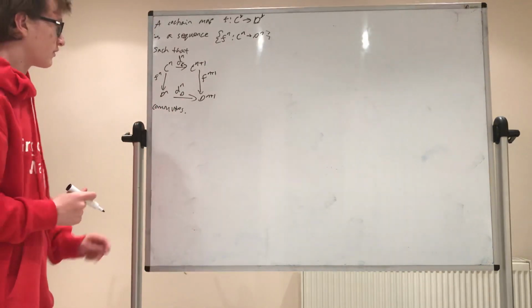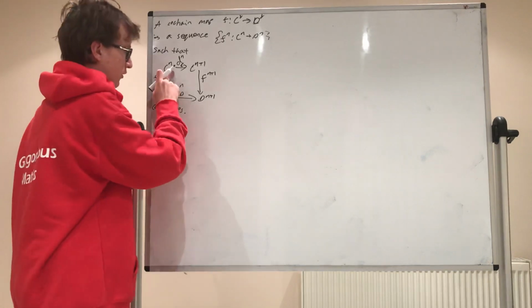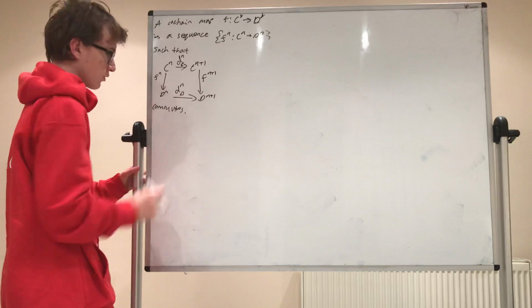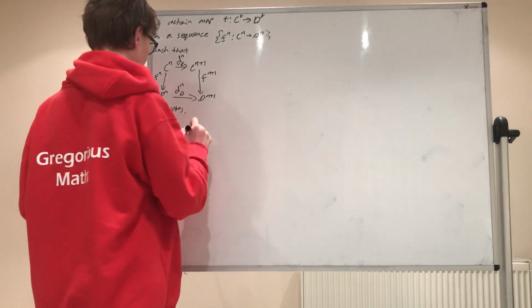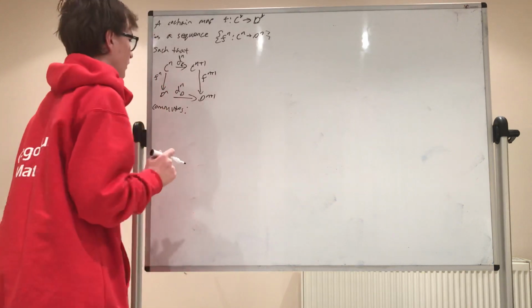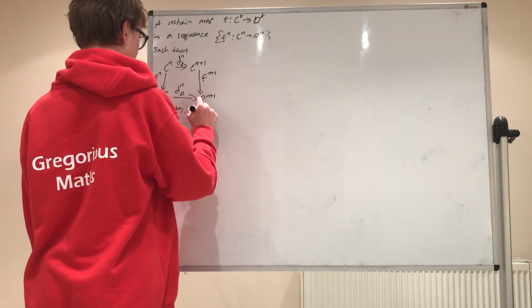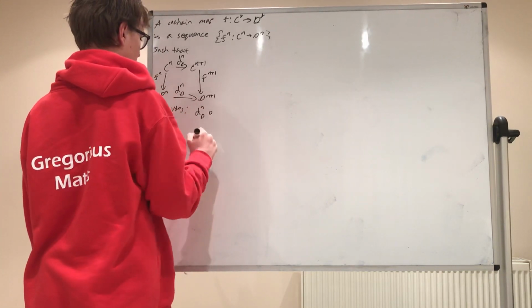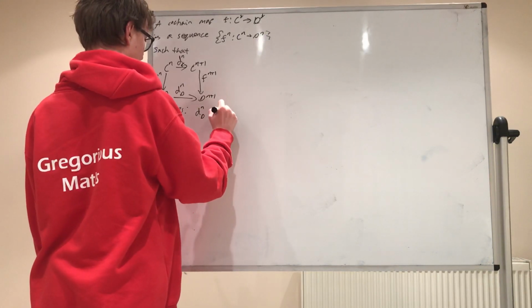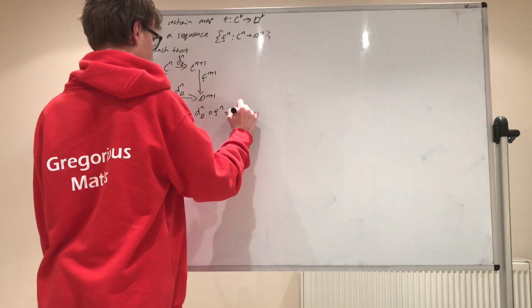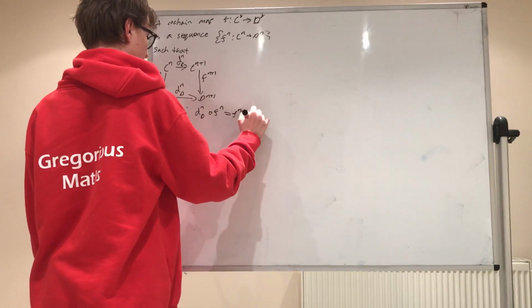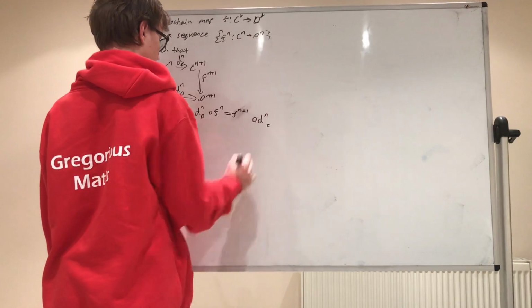What precisely does this mean? Well, this means that if we go this way, that's the same as going the other way. In other words, the nth differential on D composed with Fn is equal to Fn plus 1 composed with the nth differential on C.